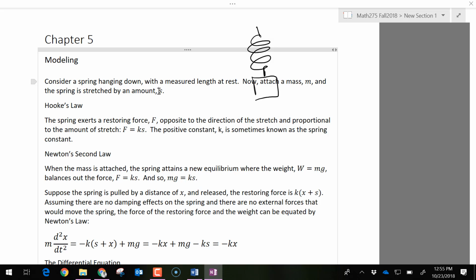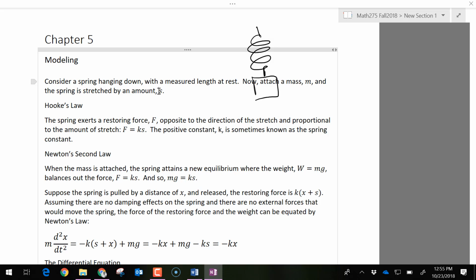And then there's Hooke's law. This is all just pretty much there to explain how the setup's going to work. Hooke's law says that the force is in the opposite direction of the stretching. It's proportional to the stretch, and so F is equal to k times s.